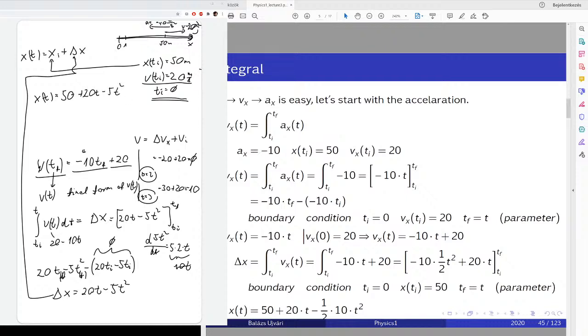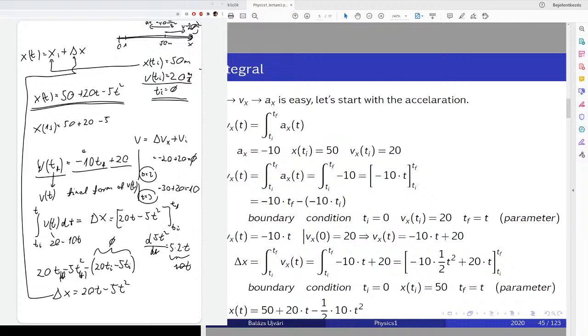So, what question do we ask? If we have a constant acceleration and the initial position is 50 meters and the initial speed is 20, the particle will move like 50 plus 20t minus 5t squared. If we ask, where is the particle at 1 second, it's 50 plus 20 minus 5, which is 65.